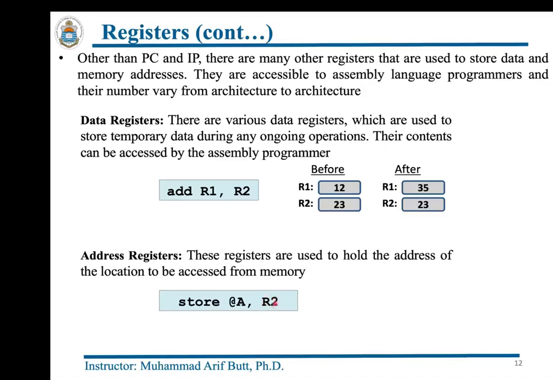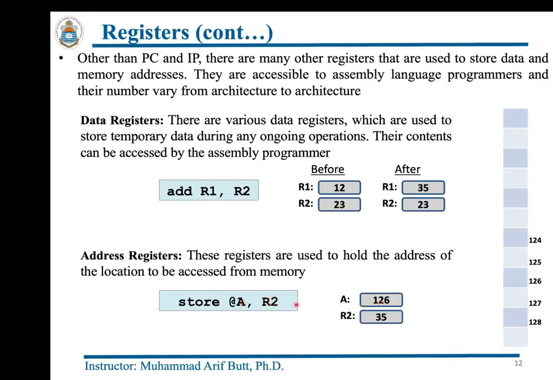So this says store the contents of R2 at the memory location pointed to by this A. Suppose this A contains 126 and this R2 register contains 35, so we need to place the contents of register R2, that is 35, to the memory location pointed to by this A register, that is 126. So this 35 will be stored in the memory at address 126 after this instruction is executed.